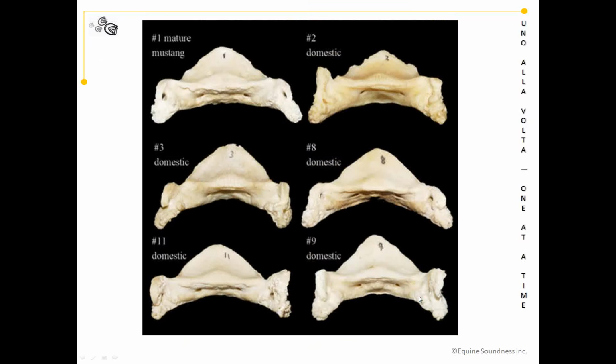I want to come back to your first question. When you look at the coffin bone from behind, this is the best way to look at it.